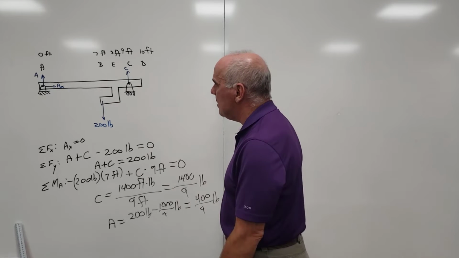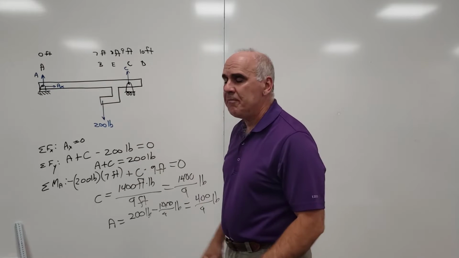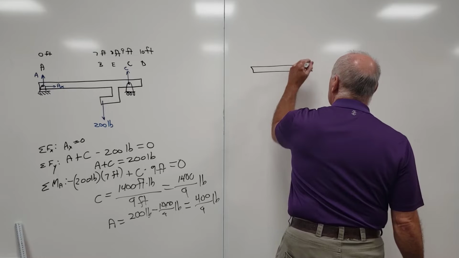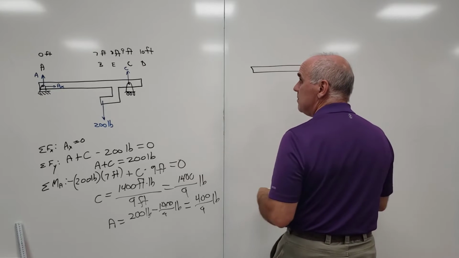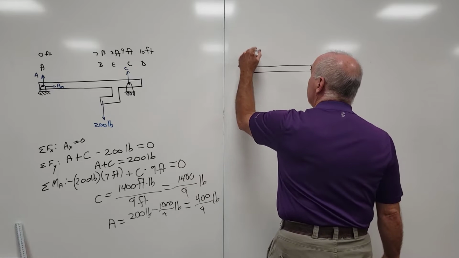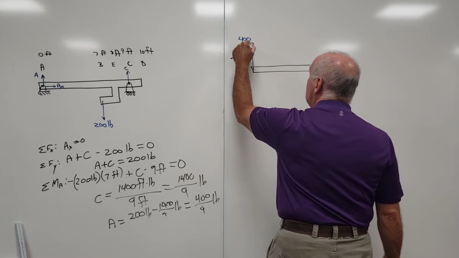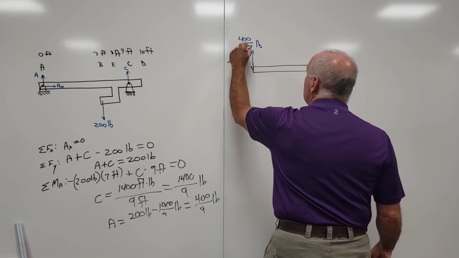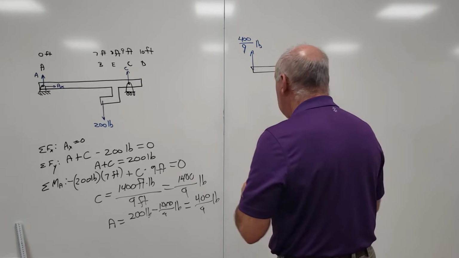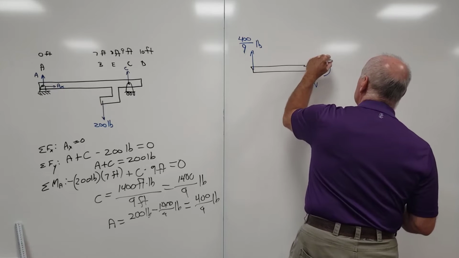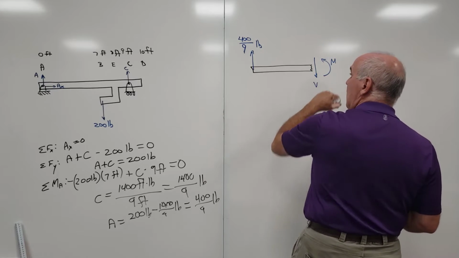Let me make a cut somewhere between A and E. And so when I do that, I've got the A force, which is the 400 over 9 pounds. And then I have the V, and then the moment about A.